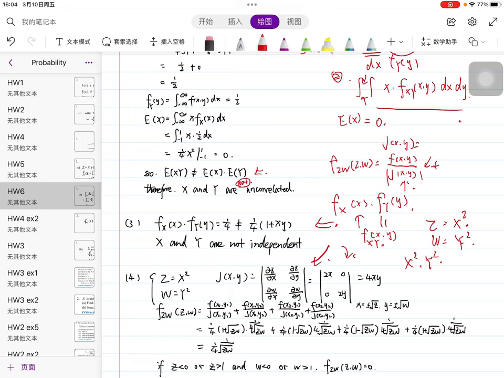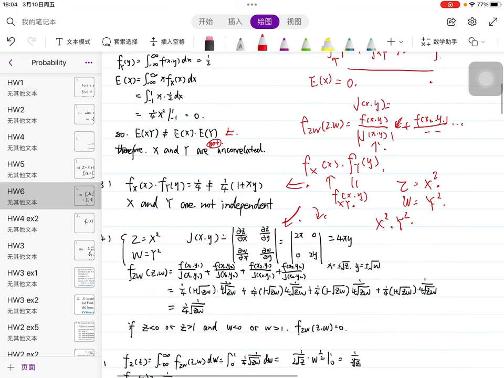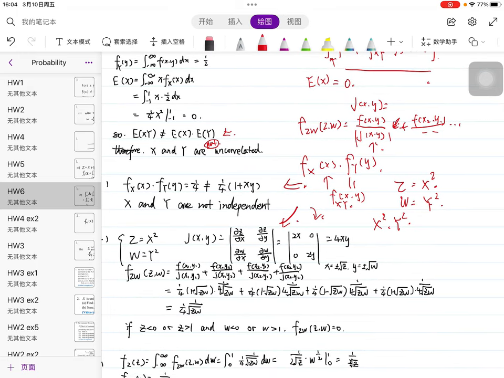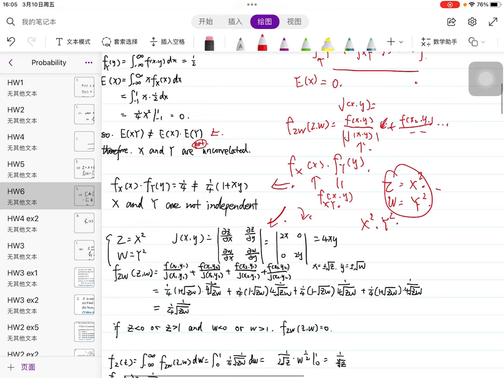If there is only one root, we just write one term, and if there are 2, we need to add another term. Based on this question, Z equals X squared and W equals Y squared, so we have 4 roots: x equals positive or negative square root of z, and y is like this as well.